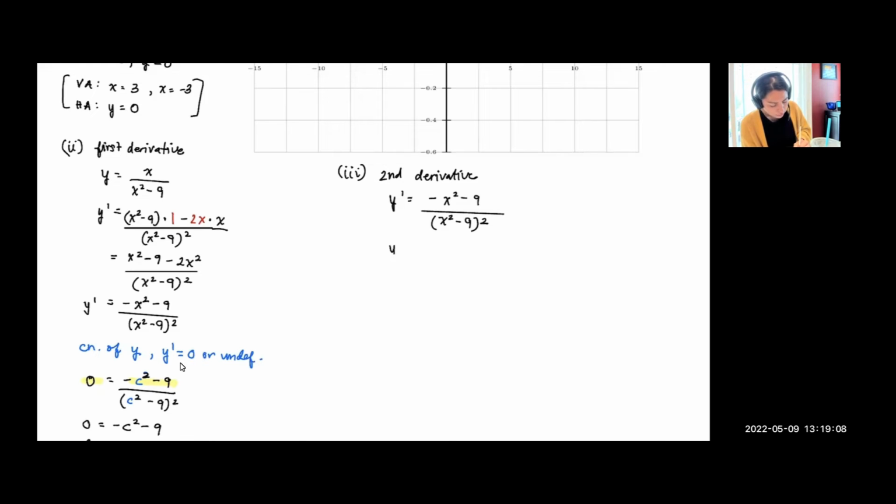So the second derivative, I'm going to do quotient rule here. So I'm going to have x² minus 9 squared and then square it again. It's the denominator squared. Bring it up, don't touch it.